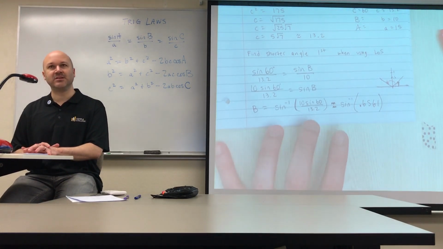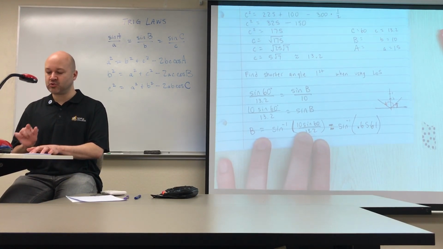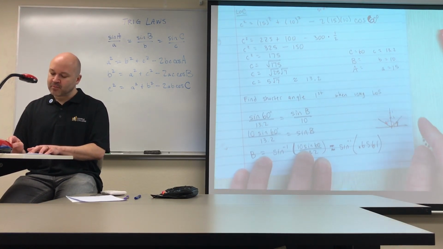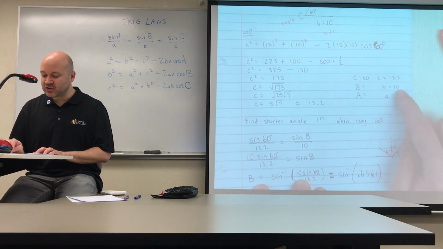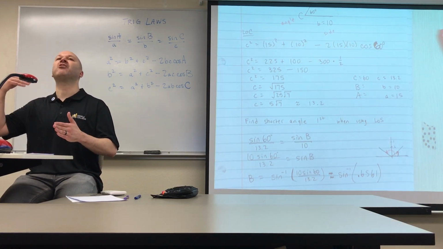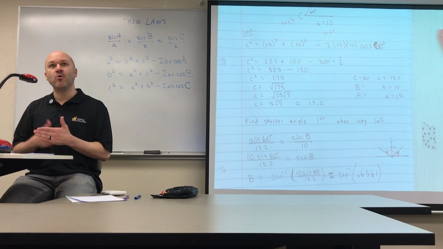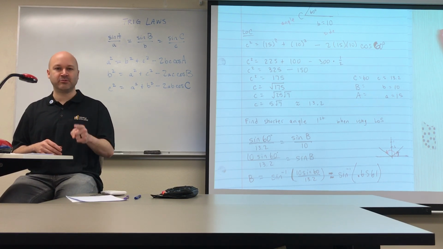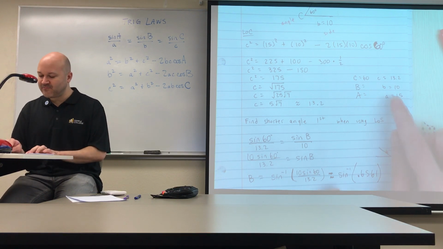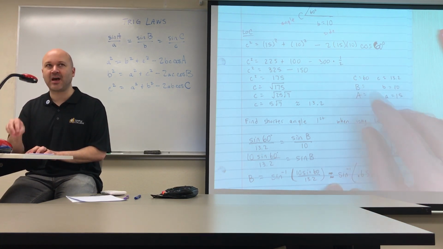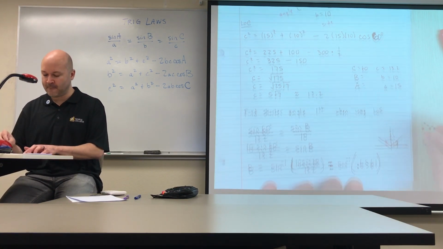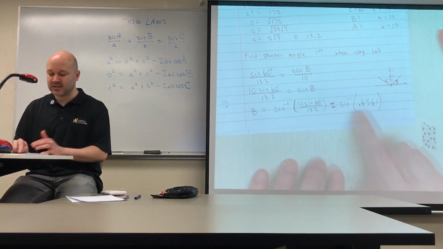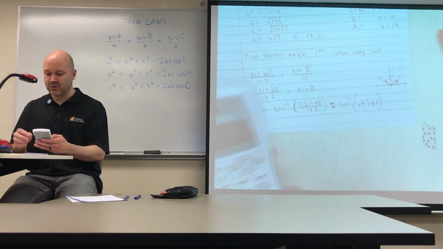That's why I'm stressing over finding the shorter one first. Because by finding the shortest one first, I'm guaranteed it's going to be an acute angle. In a triangle, there can only be one obtuse angle. So by going after the smaller one first, I know when I plug this in, I'm going to get an acute angle.